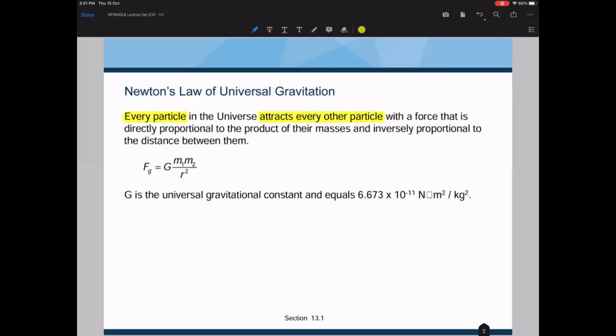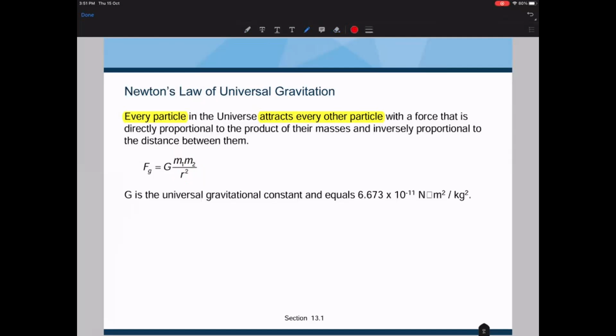And the attractive force depends on the mass of the individual particles, as well as the separation between the particles. So the actual relation, according to Newton's law of universal gravitation, is that it is proportional to the masses and inversely proportional to the square of the distance. So this is the equation form of Newton's law of universal gravitation.